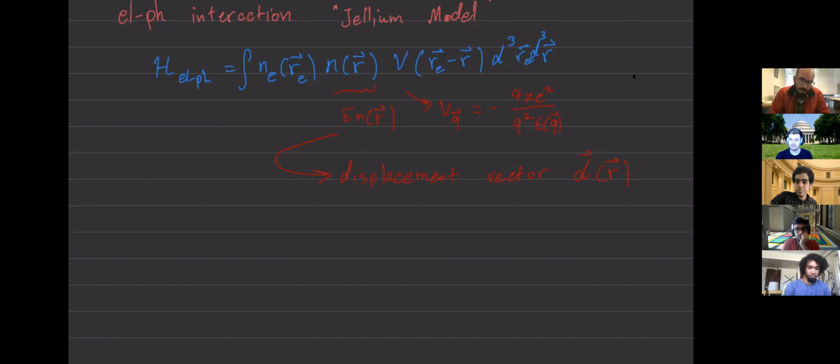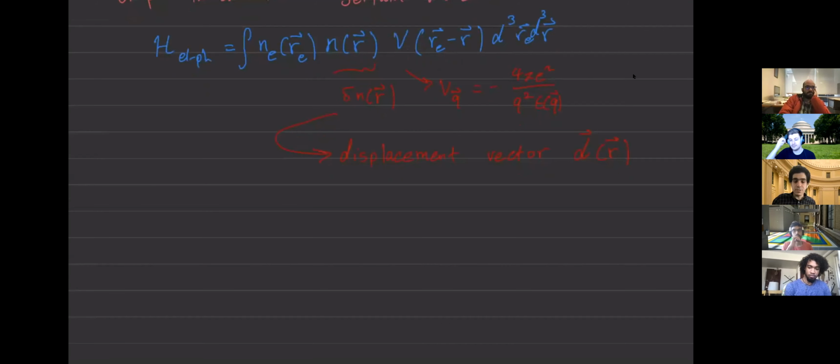And then I can describe my phonons in terms of this displacement vector, which is a continuous field that I will be working with its derivatives. This is what the Jellium model means. At least what I understand from the Jellium model.